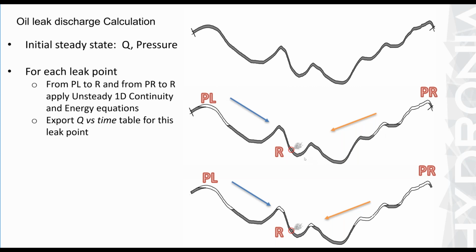The first stage, before the valves are closed, when the pipeline is pressurized, and then the second stage when the pipeline is being depressurized based on the location of the spill point. So this graph represents how this is schematically represented.